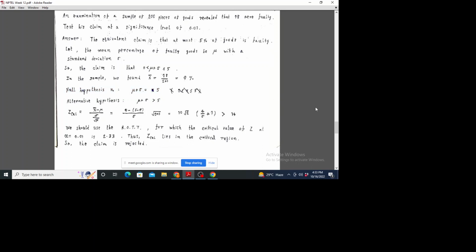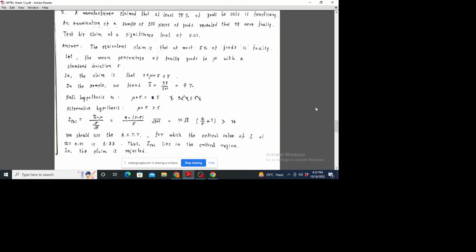So, sir, more than 5% of goods is faulty. This should be the correct one, favorable over his claim that less than 5% is faulty. Yes.